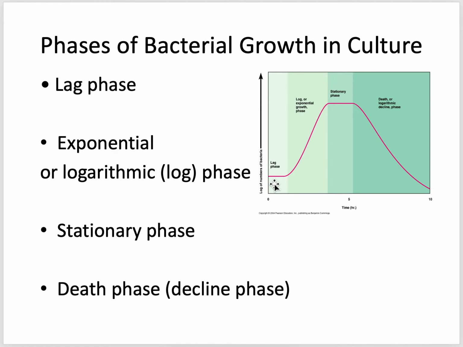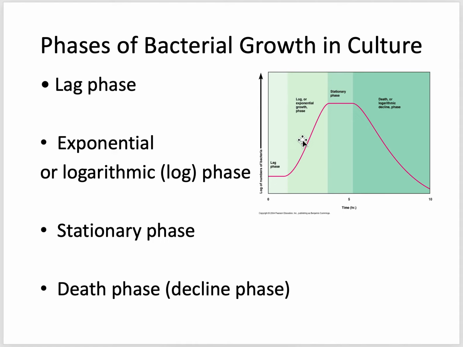Now once the cells get adapted, what will happen then? The cells will begin to multiply, and as all the cells have already adapted to the new environment, they will multiply very rapidly, at a rate of log scale. That means the number of bacterial cells will increase very rapidly following logarithmic or exponential growth.